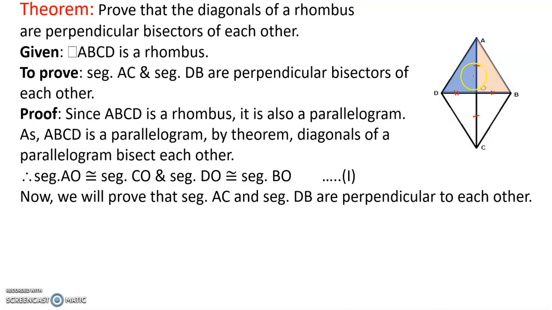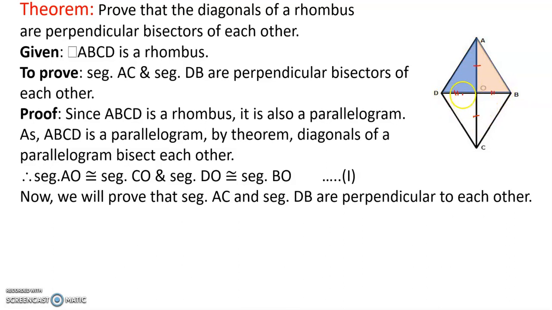If the two triangles are congruent, the angle AOD and angle AOB will be congruent, but they form a pair of linear angles, and as they are linear angles, their sum is 180 degrees and the angles are congruent. So we can say that each angle is 90 degrees, which shows that AO is perpendicular to DB, or we can say that AC is perpendicular to DB.